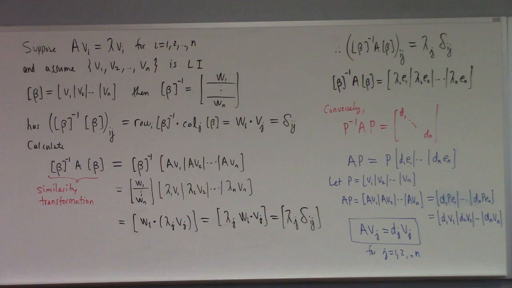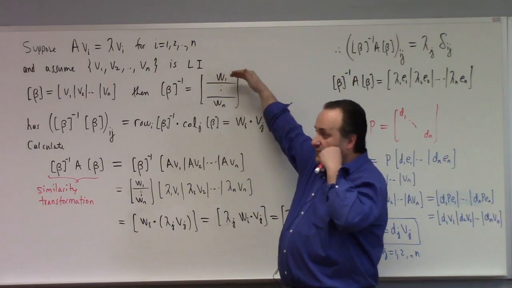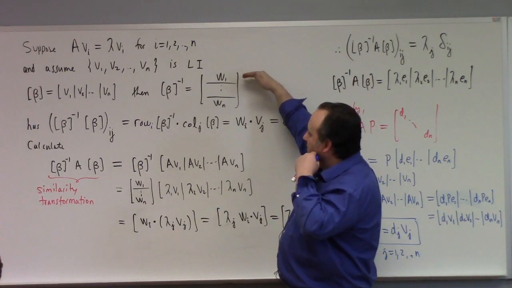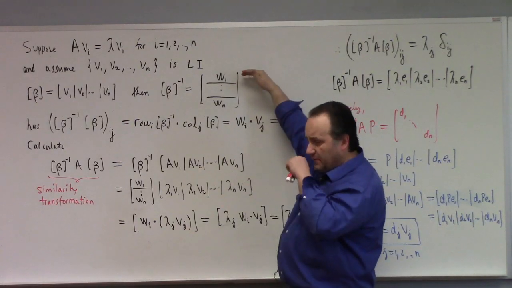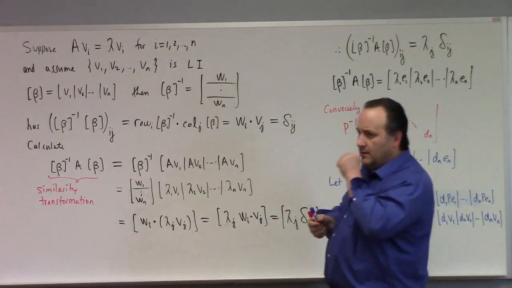Yes, sir? What is that W? It's the row of the inverse. So it's just a placeholder for this calculation. W sub i is the ith row, excuse me, of the inverse matrix for beta.